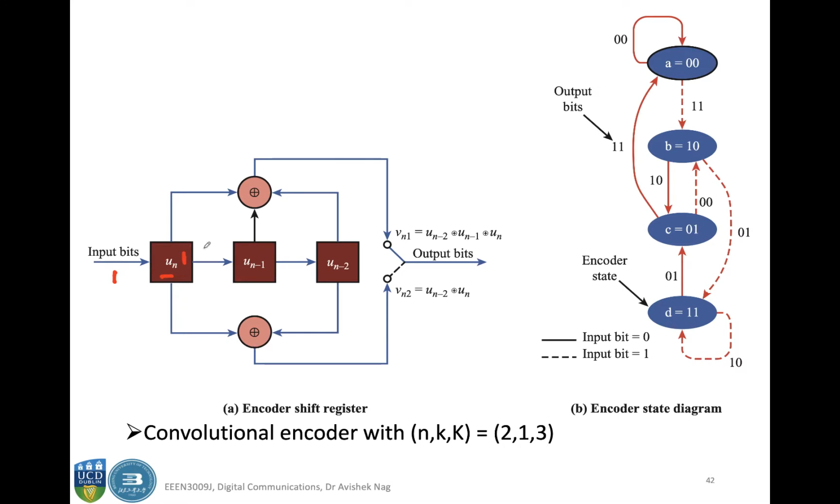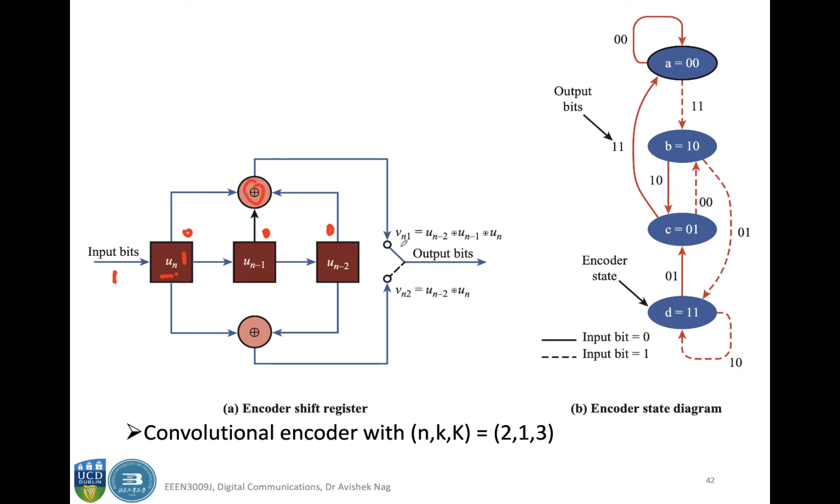Let's assume the initial state of all the shift registers is 0. Initially all of them were 0, and then if a 1 comes here, then the state becomes 1 0 0.